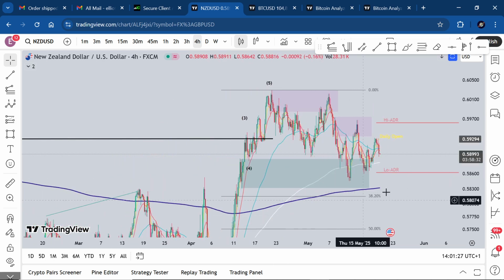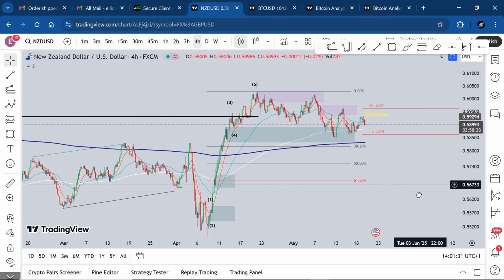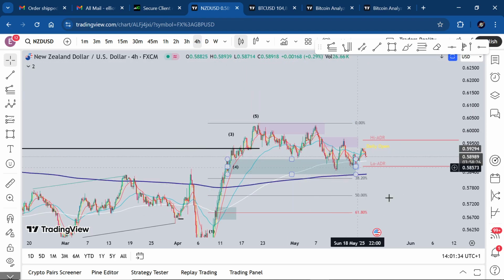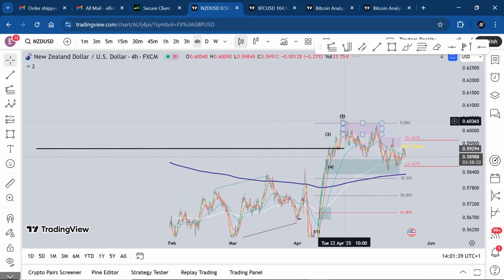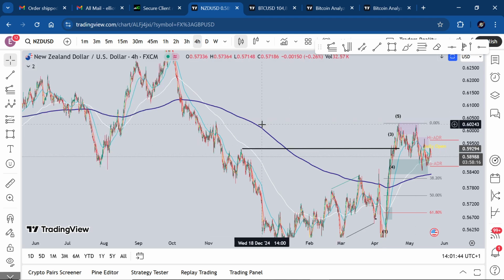This is corrective. So corrective in the sense that not just corrective nature, but correcting the bullish move up so that we can go higher. Okay, we've broken this high structure over here.